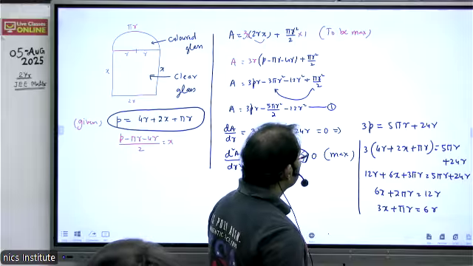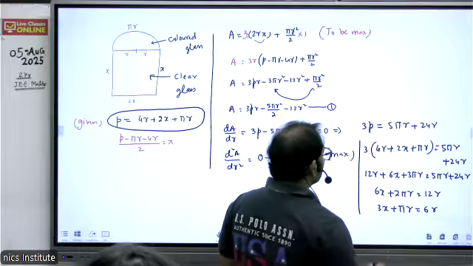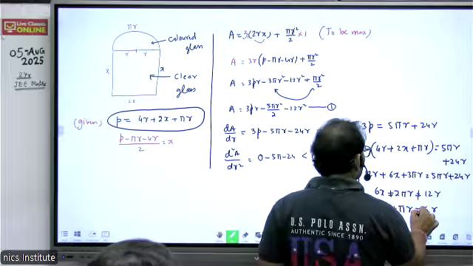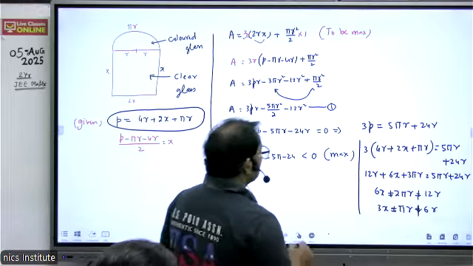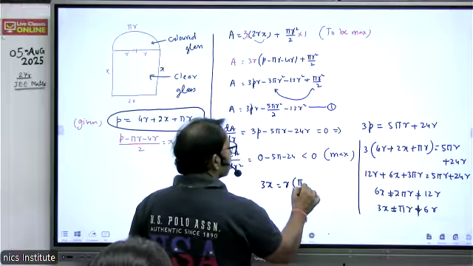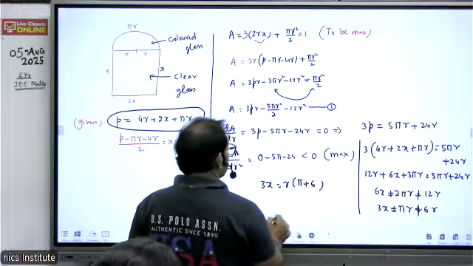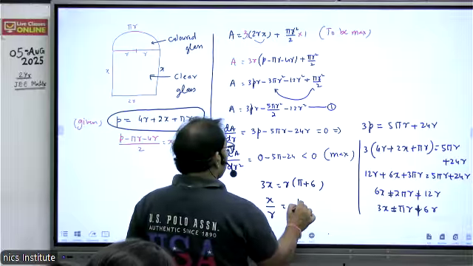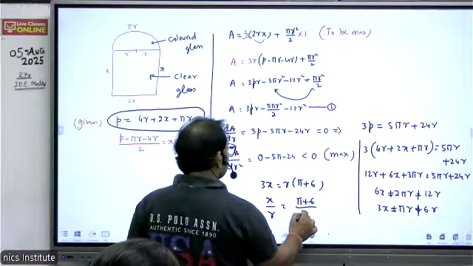Is it right? No. So 3x is equal to r into pi plus 6. So x by r is pi plus 6 by 3.